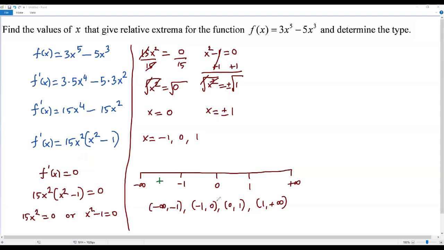Okay, now let's take the second interval, that is -1 to 0. We have to take a random value in this interval. The random value is going to be -0.5. Now we plug this -0.5 for x into the first derivative, f prime of x. Since this x is squared, the value of -0.5 the whole square is a positive 0.25.